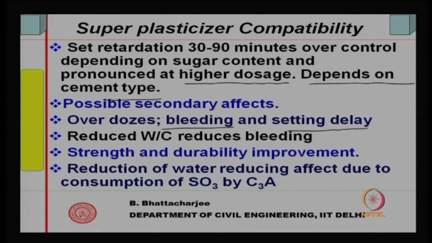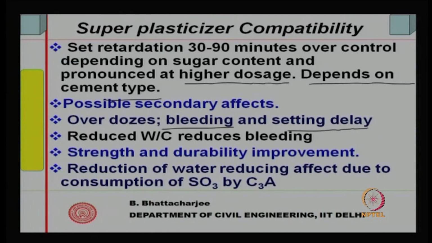Because it is a sulfonated compound, if you recall, SO3 gets attached as sulfonation was done. So, you will have sodium plus and SO3. Sodium goes into solution, SO3 ensures that your superplasticizer is negatively charged and it can get absorbed.